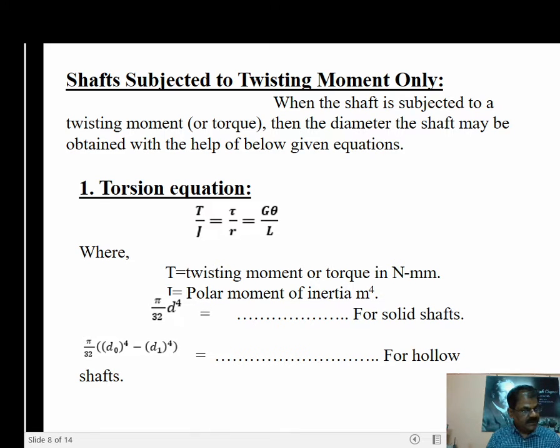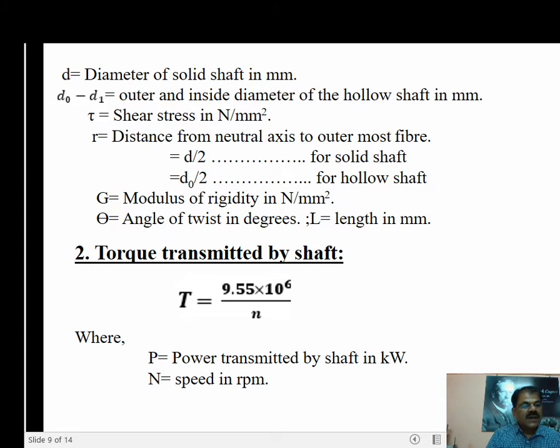Where small d is the diameter of the solid shaft in mm.